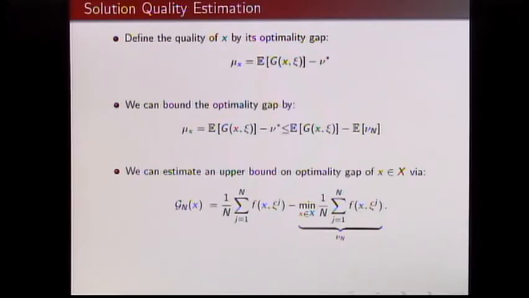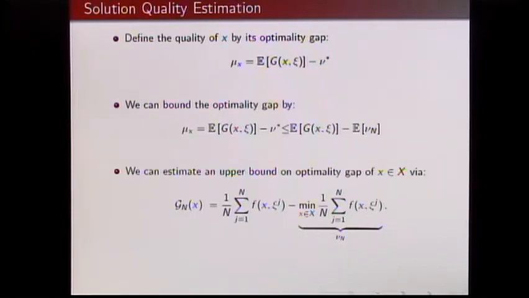On this one, typically you can do it different ways, but let's assume I use the same samples and I optimize it in my feasible region. And this is what I call the sample average approximation optimal value. Okay? So expectation of this is exactly that, which will give me a bound on this. So I have a kind of an optimality gap estimate. On average, it's going to give me a bound. Of course, it can go up and down.